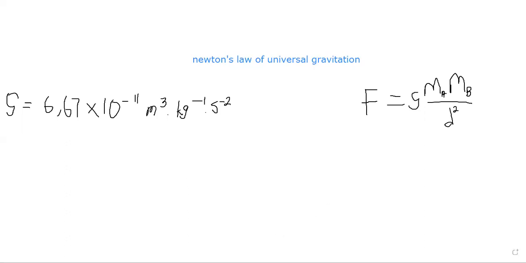Let me just check it, because there are two formulas. There's another one where you say F is equal to GM divided by D squared.